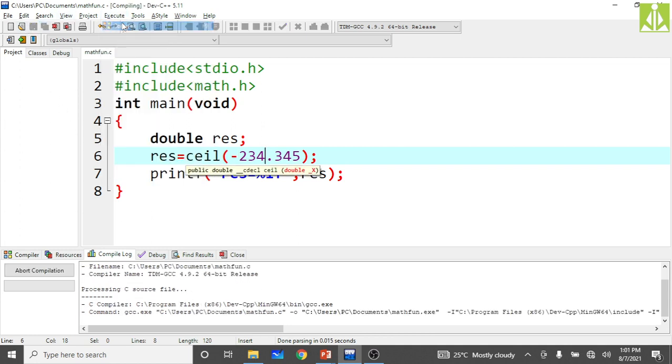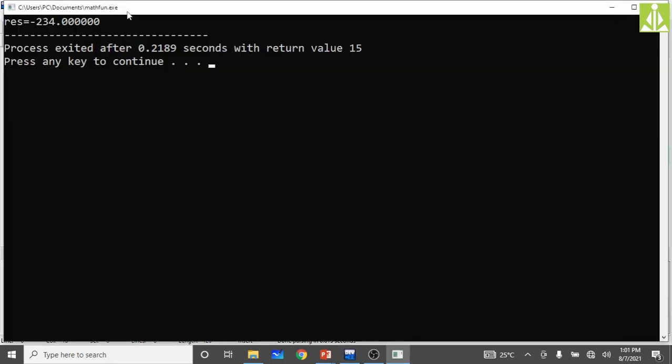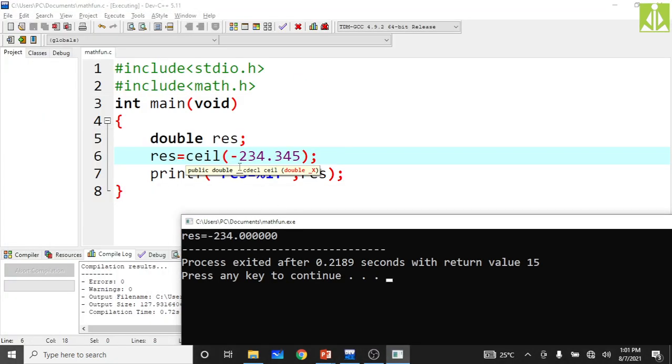Just go and check. Yes, we got the compilation, and if you run, you will get minus 234, and the precisions got ignored. Minus 234 is the nearest possible.